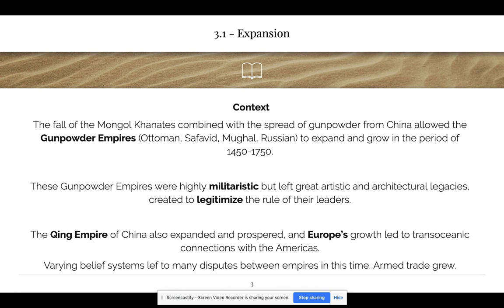Belief systems, religion is obviously incredibly important at this time. We see huge Islamic powerful states in the Gunpowder empires, and their disagreements over how to practice Islam created some tensions. We also see trade move from something that is relatively peaceful to something that is protected with guns.